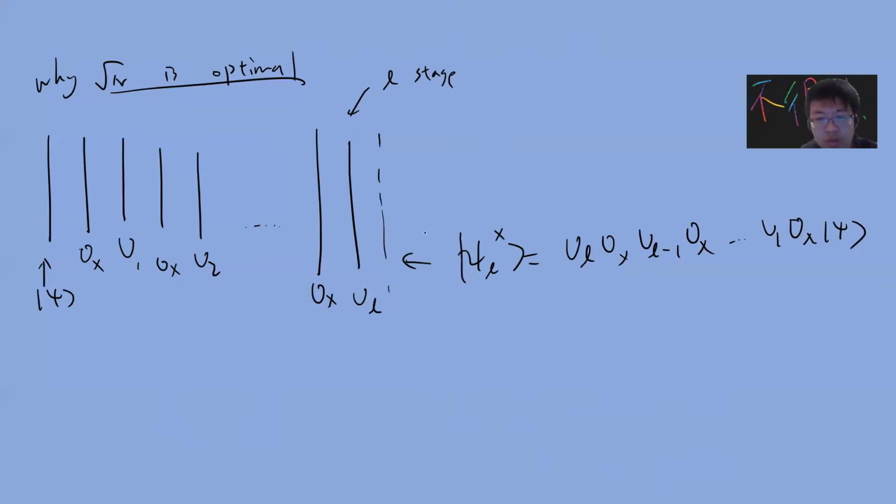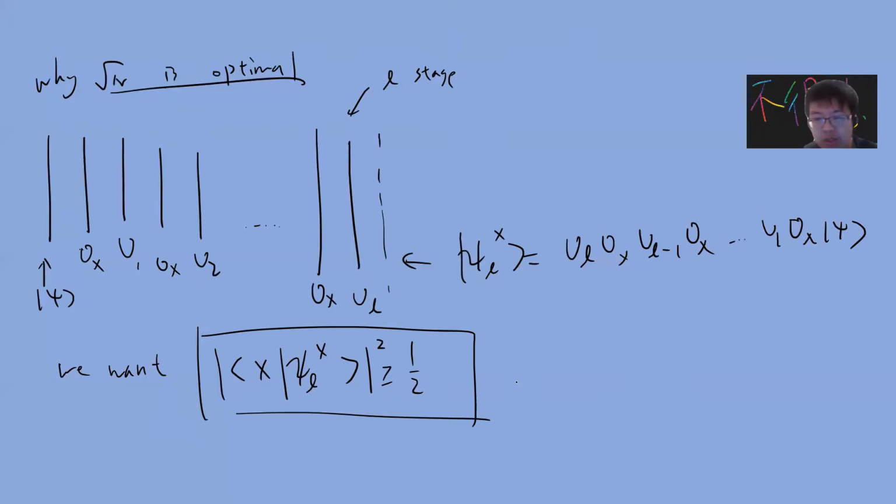And then we want to say that this psi_L^x has large enough amplitude. The inner product of x with this psi_L^x should have high probability, a constant probability, so we want this to be greater than or equal to half. This is our first requirement. Then we want to claim that in order to do this, the number of O_x queries should go to square root of n.